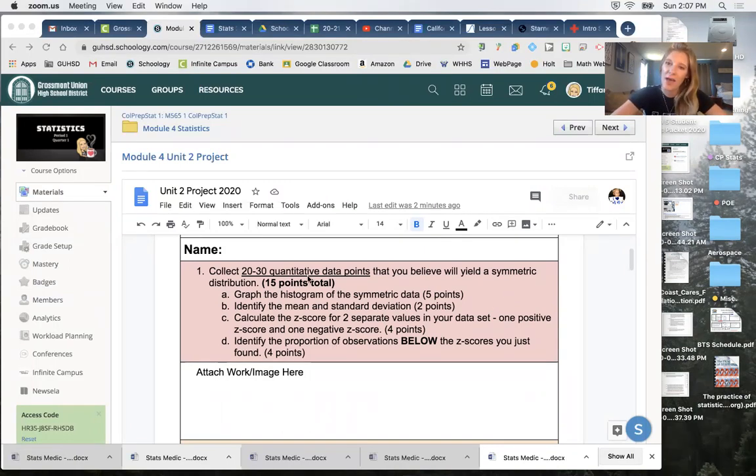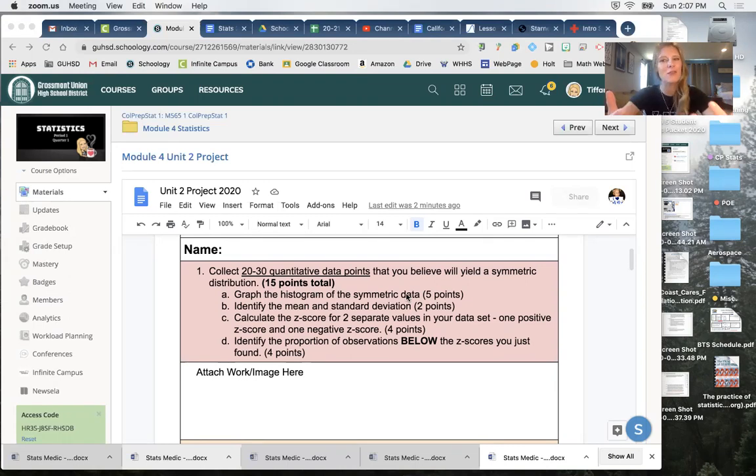Once you get your 20 to 30 values that you've collected, then you're going to graph the histogram of your data. Let's say you asked the number of pets. More than likely you're going to get a skewed distribution, because you might get that person that has a lot of pets. So I'd stay away from questions like that. I would go for a continuous distribution, like maybe how many hours of sleep you got last night.